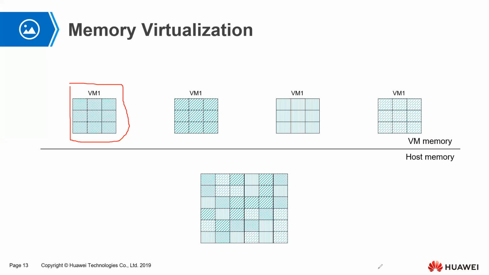So how can memory resources be allocated to virtual machines properly? Memory virtualization was introduced to address this issue, so that these virtual machines can allocate themselves the same memory from the addresses that already exist within our host memory.